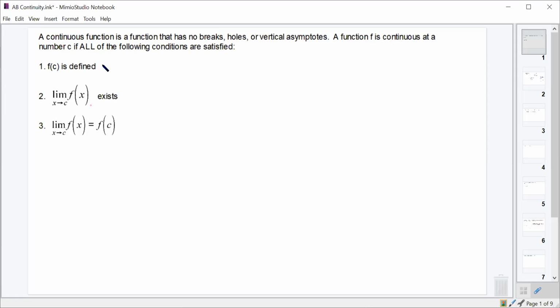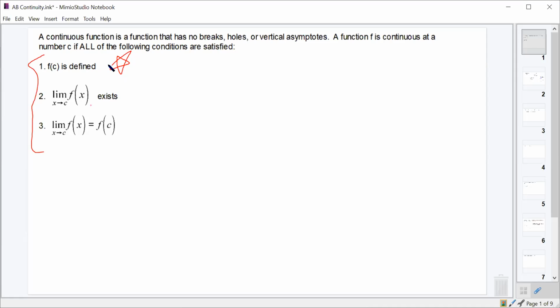Those three criteria are right here. In order to prove that a function is continuous at C, first off, the function must be defined at C.